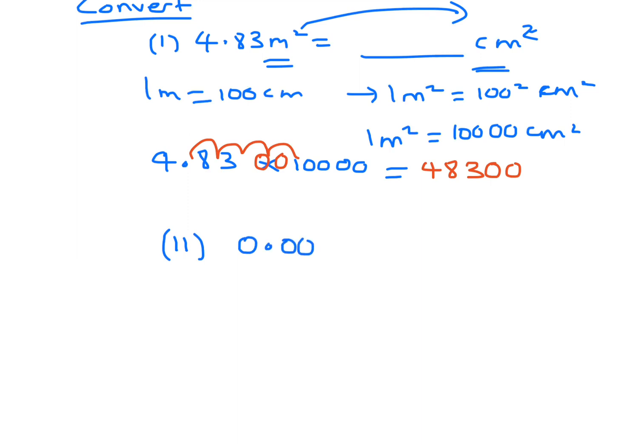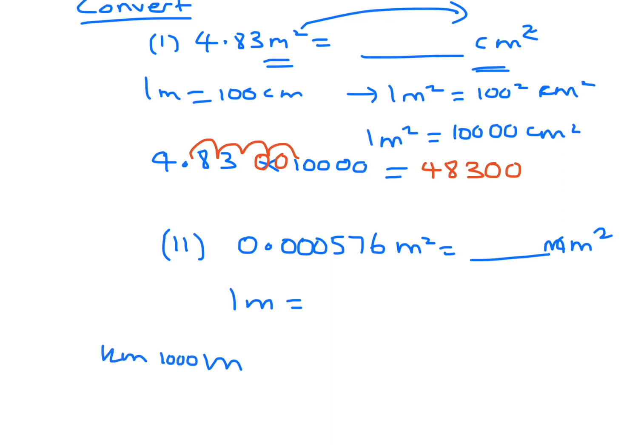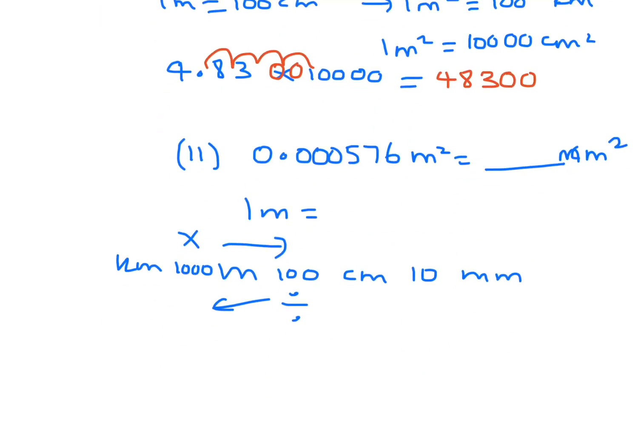So we have 0.000576 metres squared, and I want to change that to, let's say, millimetres squared. So kilometres is 1,000 to metres, 100 to centimetres, and 10 to millimetres. That way is times, that way is divide.